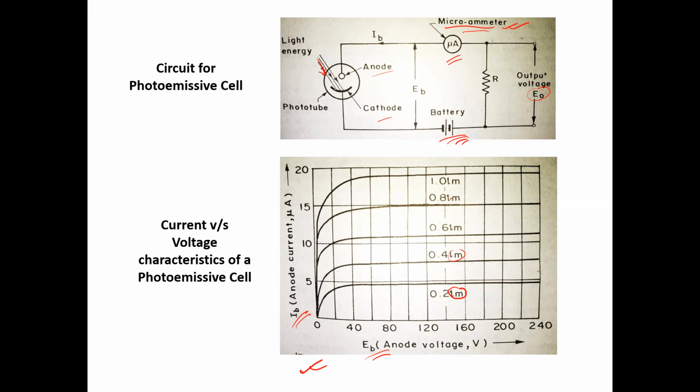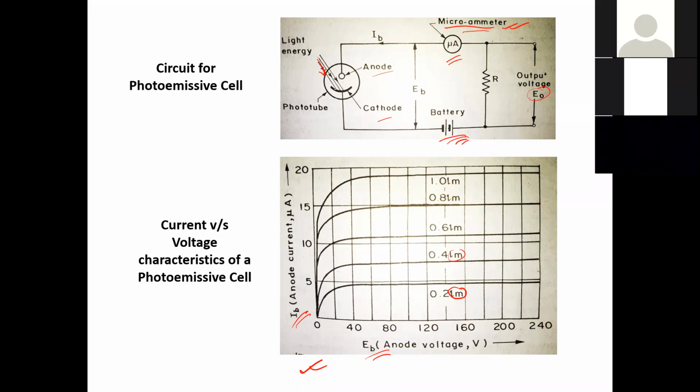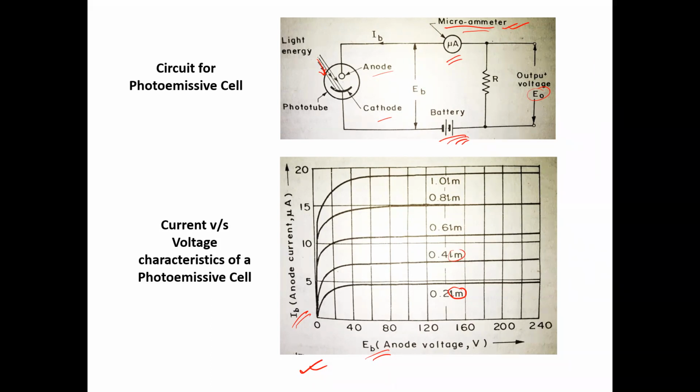the characteristics graph is shown. Now there is a similar pattern for each of the curves for different intensity of the light: after a certain amount of voltage, suppose after 40 to 50 volts, all the lines are getting saturated.